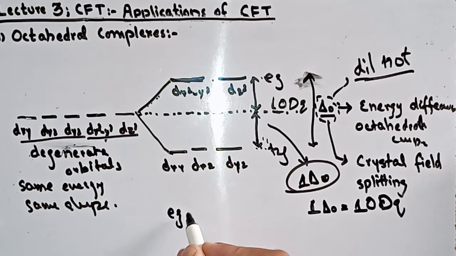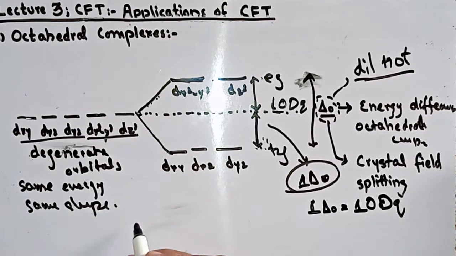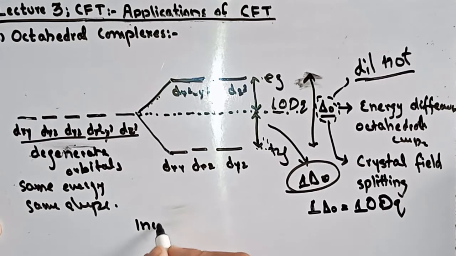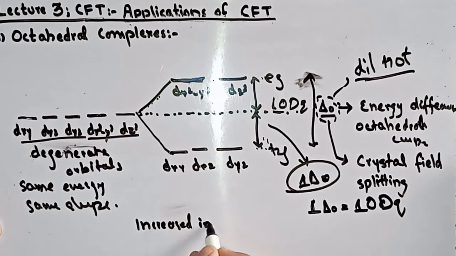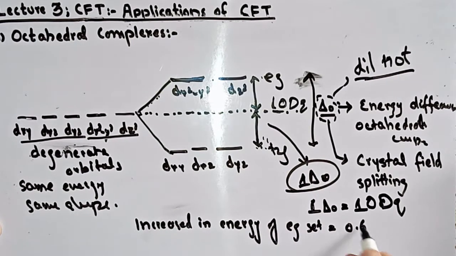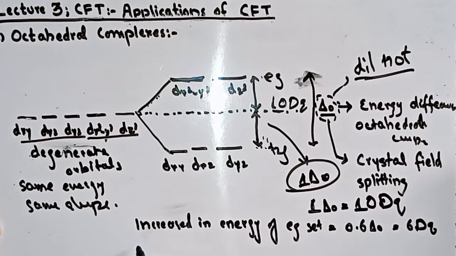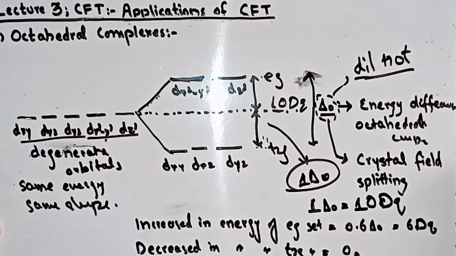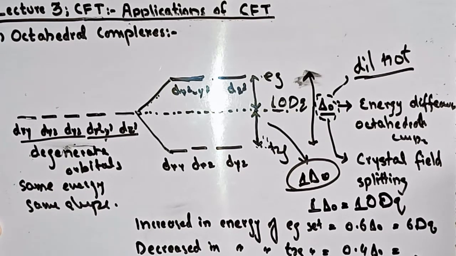From the normal position, the energy of the Eg set is increased by 0.6 del naught, which is also equal to 6 Dq, while the energy of the T2g set is decreased by 0.4 del naught, which is also equal to 4 Dq.